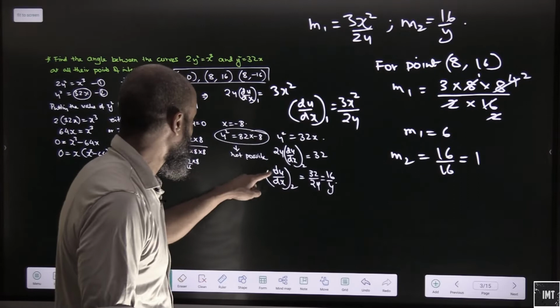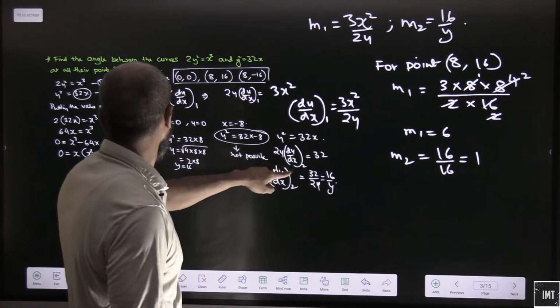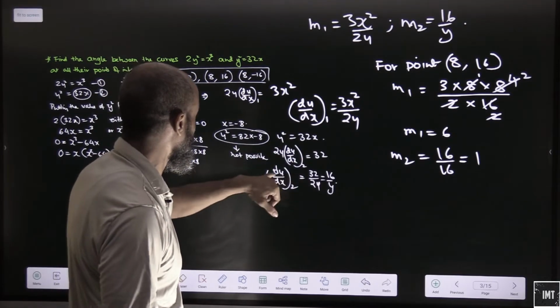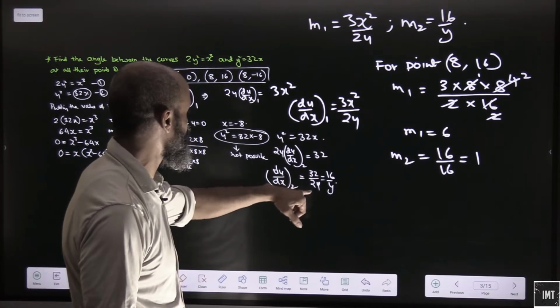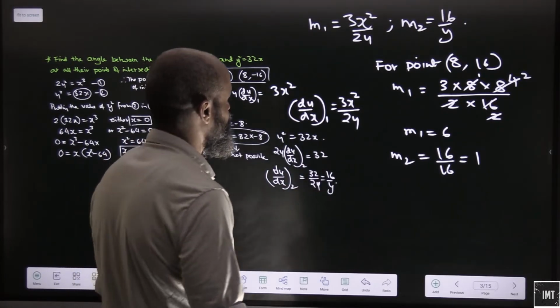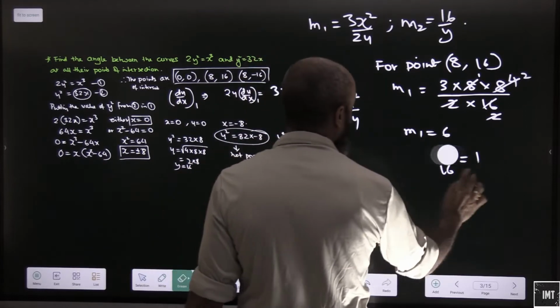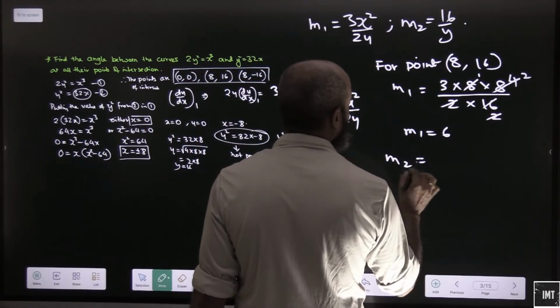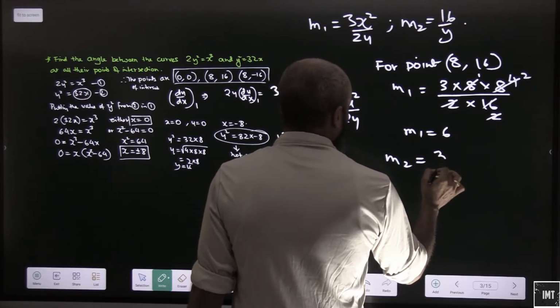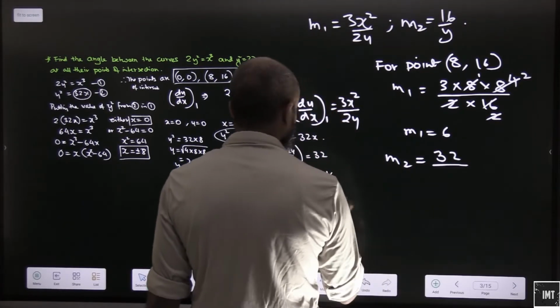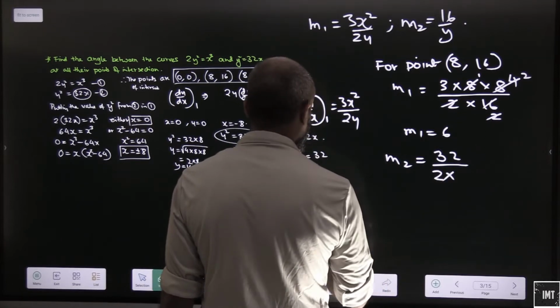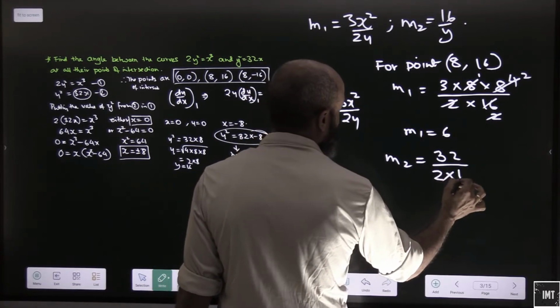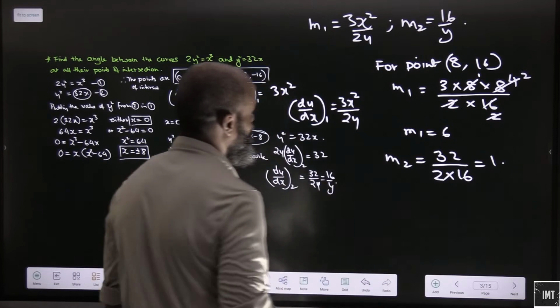Here we have 2y dy by dx is equal to 32. So that will mean dy by dx at 2 is equal to 32 by 2y, that is 16 by y. So m2 will have a value of 32 by 2 into 16, that will be 1, right?